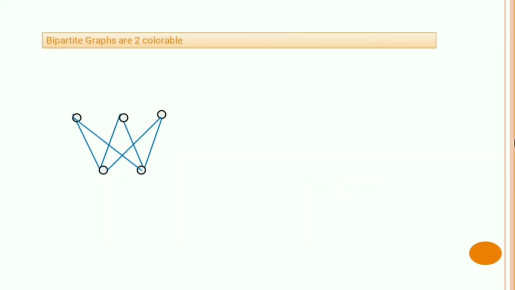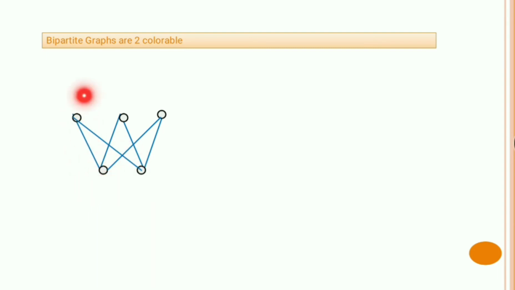Now let's see the bipartite graphs. Bipartite graphs, you already know, are those graphs in which the vertex set is divided into 2 subsets. Here you can see we have this subset and this subset. This vertex is attached to the other 2 vertices.